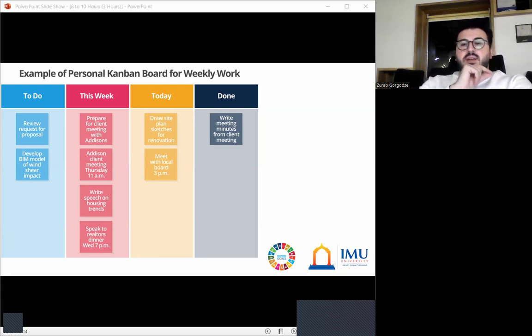Set limits on the number of tasks that can be in progress at any given time to reduce bottlenecks and improve focus. Third, manage flow. Monitor the flow of work through different stages, identifying areas for improvement and ensuring a smooth process.